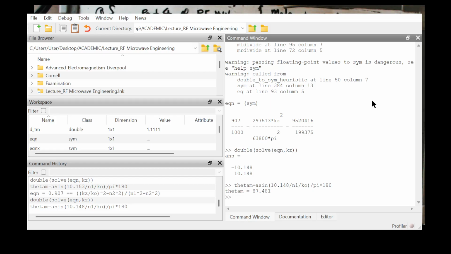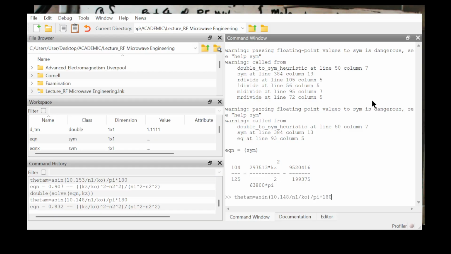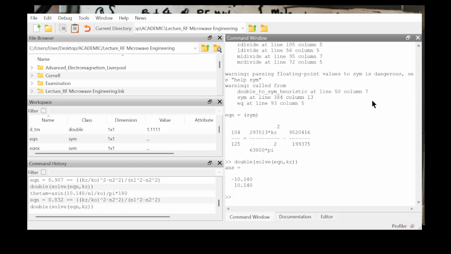And the process will continue. And the value of B for mode number 3 is 0.832. I need to work out the value of propagation constant, 10.14.